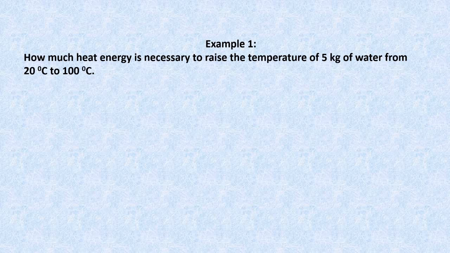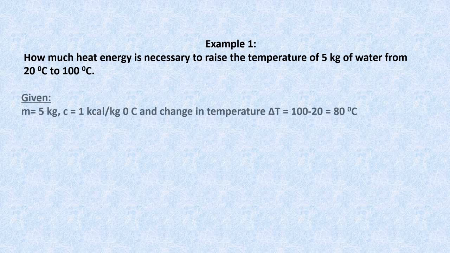The first example is: how much heat energy is necessary to raise the temperature of 5 kg of water from 20 degrees Celsius to 100 degrees Celsius? So the mass is given as 5 kg.